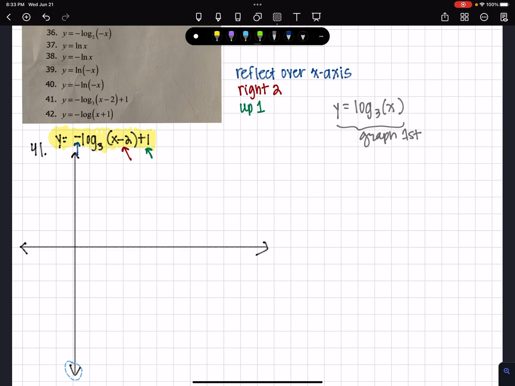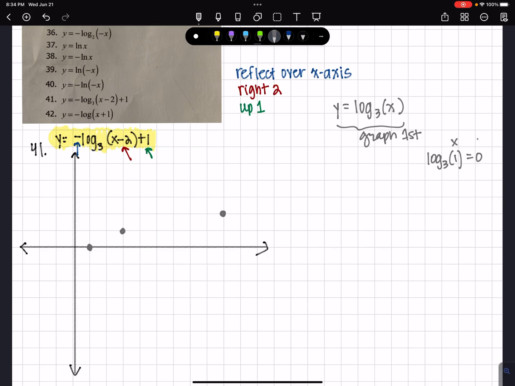Okay, so log base 3 of x, when I put a 1 in for x, I'm going to get a 0 out. When I put a 3 in for x, I get a 1 out. And when I put a 9 in for x, I'm going to get a 2 out. So log base 3 of 1 is 0.